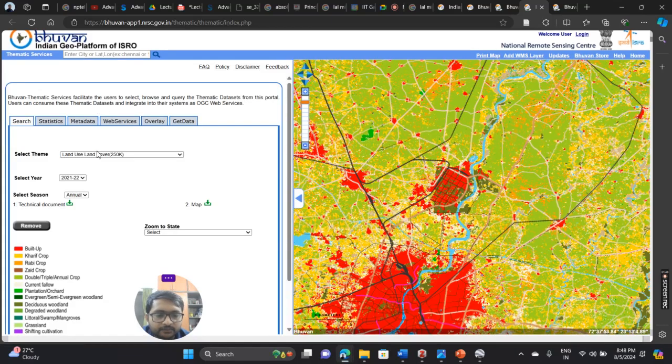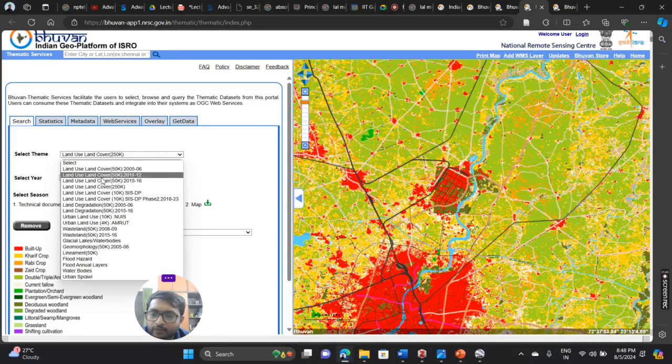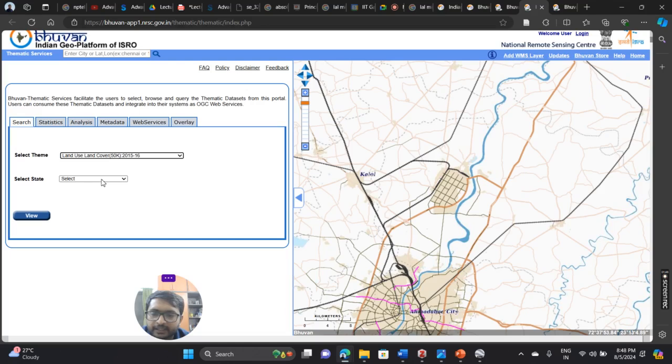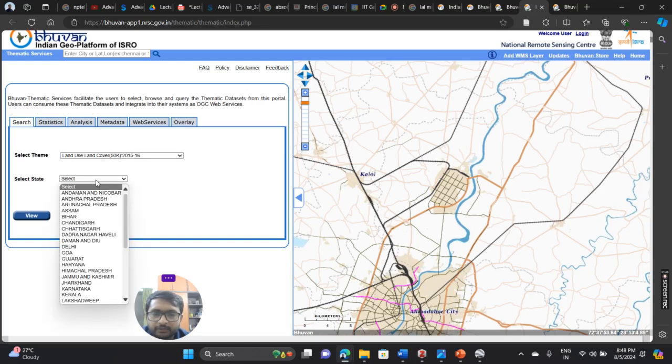Okay. Now what we will do, we will change our scale and make it more high resolution. So instead of 250K, we will go to 50K for the same time, 2015-16.